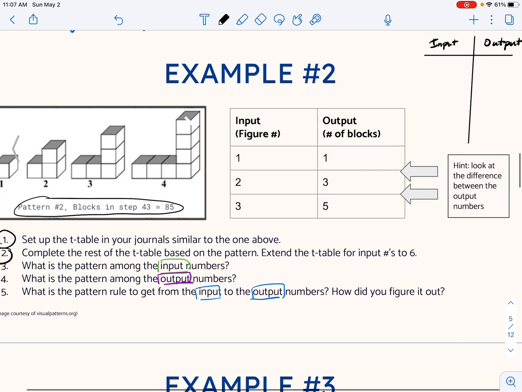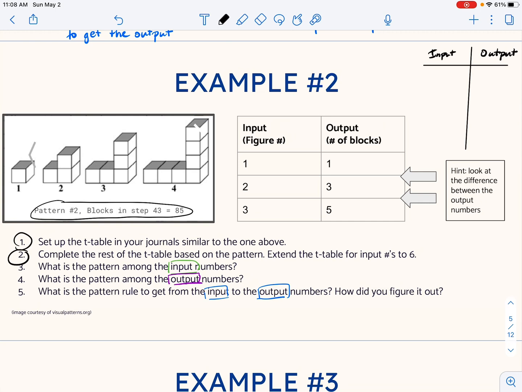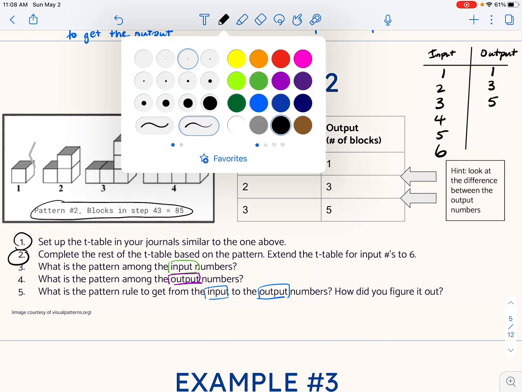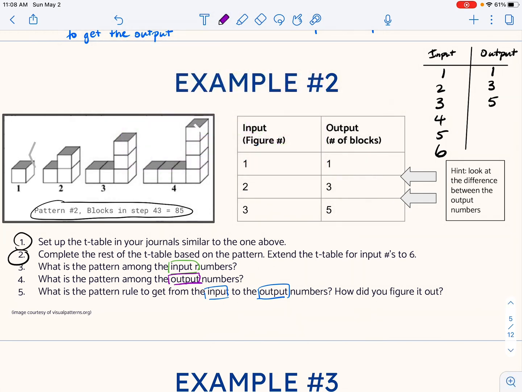So 1, 2, and 3. If you want to skip through this part, you can, and then just go to the part where I've extended the t-table. 1, 3, and 5. So I said to extend the t-table for input numbers up to 6: 4, 5, and 6. Now, if I'm looking at the output numbers here, you're starting at 1 and you're adding 2 each time.